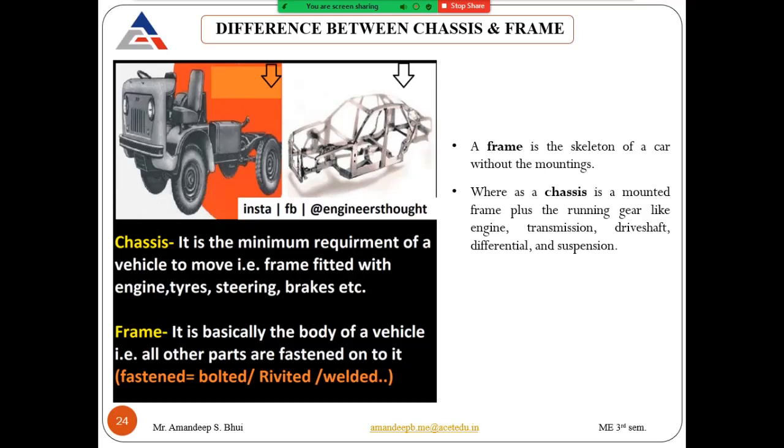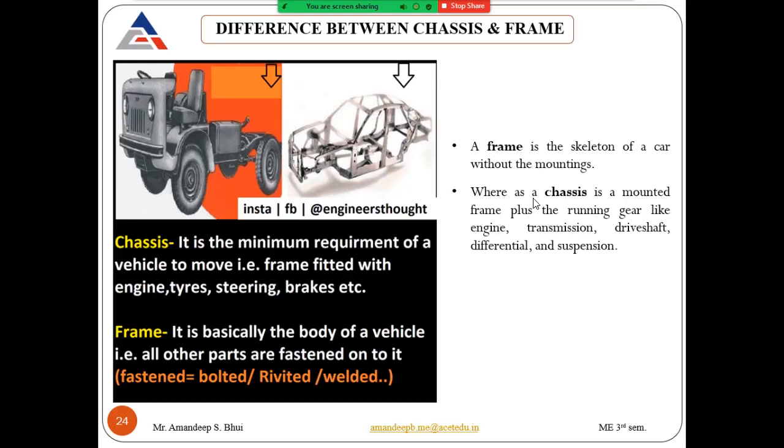So you can say that a frame is the skeleton of an automobile without the mountings. So in this there is no engine, no suspension, no wheels, the transmission system is not there, nothing is there. So only the skeleton is there. So that is the frame.